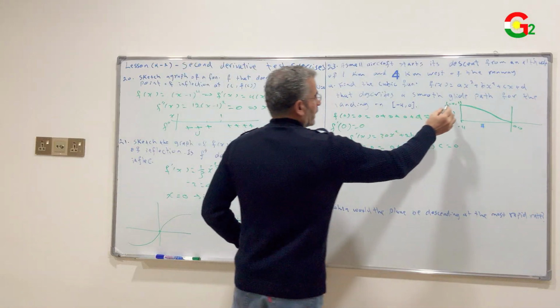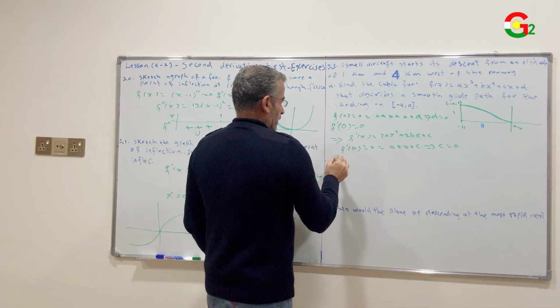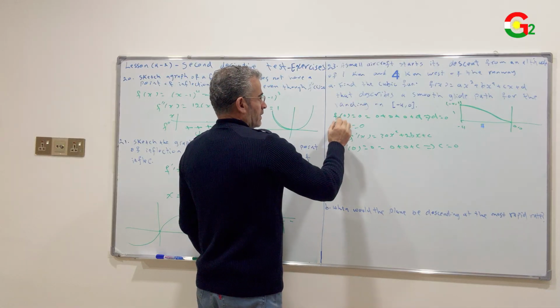Now, negative 4, 1 is on the graph of the function, so it satisfies the function.